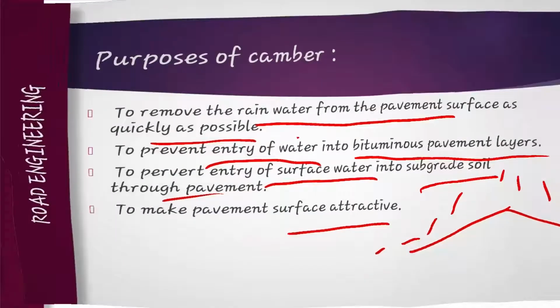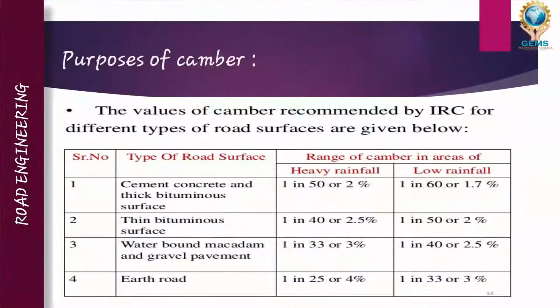Next we will see, according to the purpose, how much slope we should give, the range of camber according to the area. The value of camber is recommended by IRC, that is Indian Roads Congress, for different types of road surface, as you can see in this tabular column.